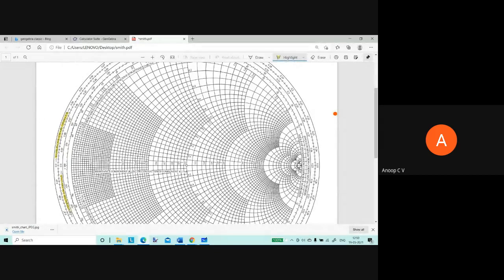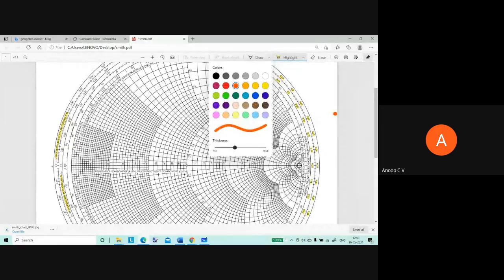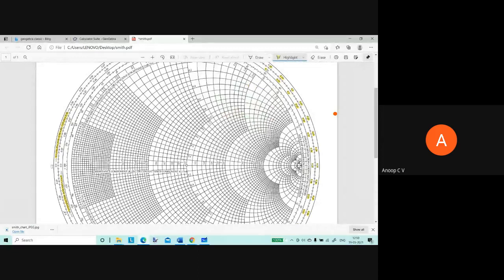Wavelength towards generator is shown in the clockwise sense. You can see it starts from here. This is 0.0, then 0.01, 0.02, 0.03, 0.04, 0.05, etc.